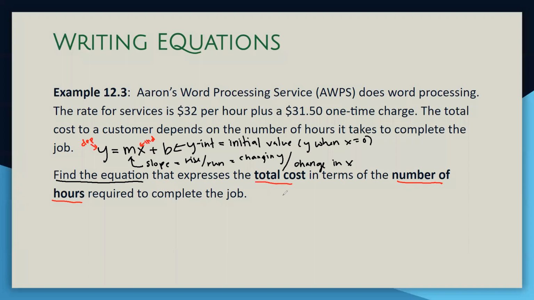We don't have control over the total cost. It's number of hours determining total cost, not the other way around. So number of hours is the independent variable, and total cost is going to change in response. More hours will result in more cost, not the other way around.